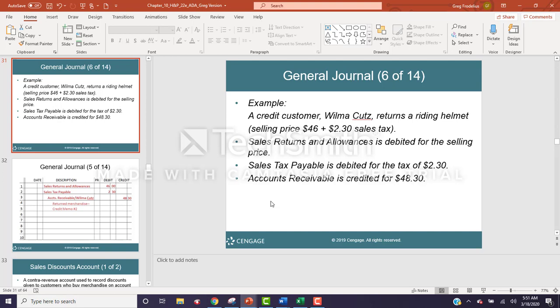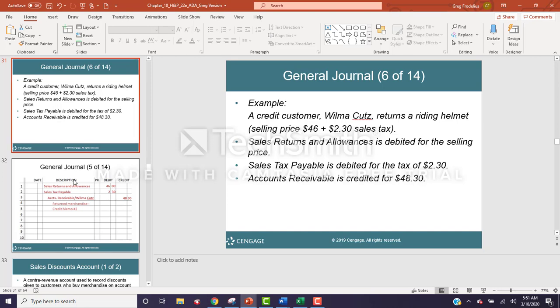We're going to debit sales returns and allowances for the selling price of $46. We're going to debit the sales tax payable for $2.30, and then credit the accounts receivable account for Wilma Cutts for $48.30.